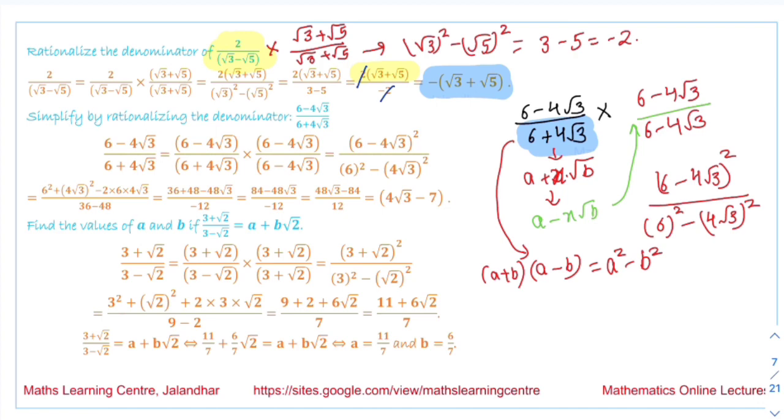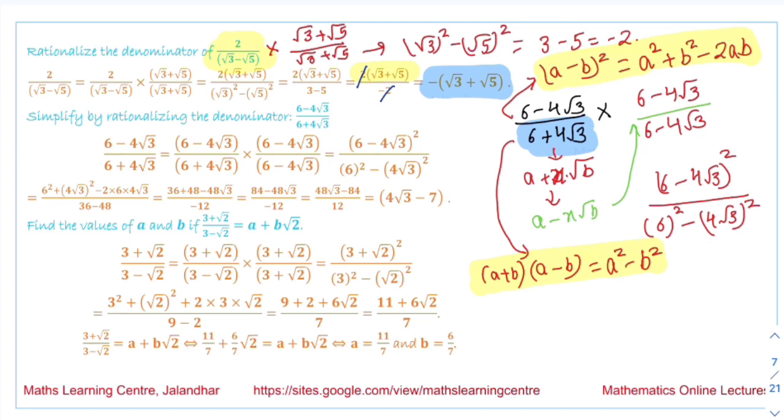In the numerator, the formula we are going to use is (a minus b) whole square, that is equal to a square plus b square minus 2ab. So these formulas you have to remember: (a minus b) whole square is a square plus b square minus 2ab, and (a plus b) into (a minus b) is a square minus b square.